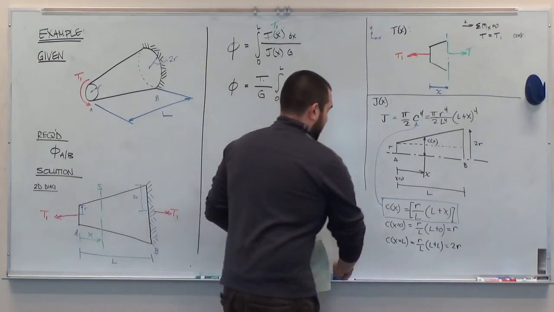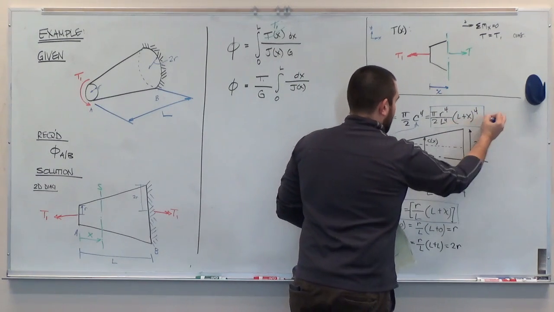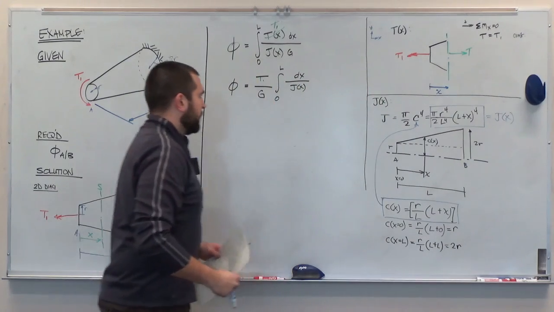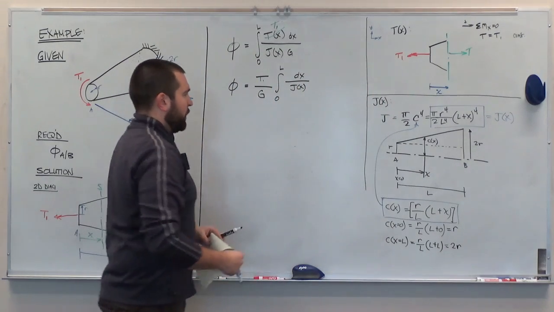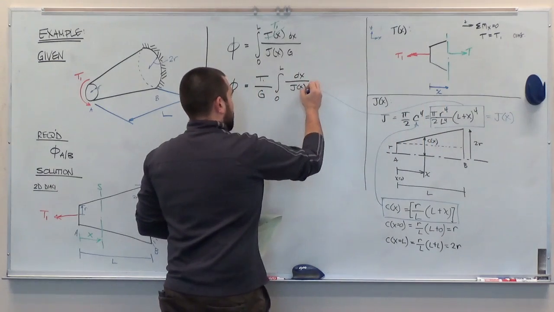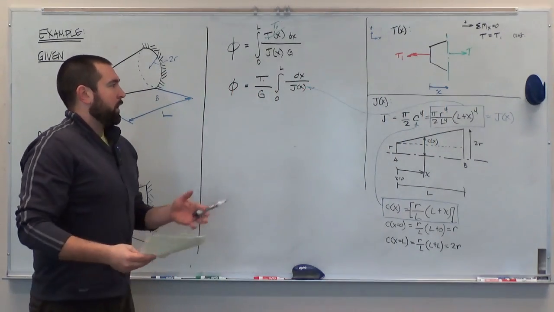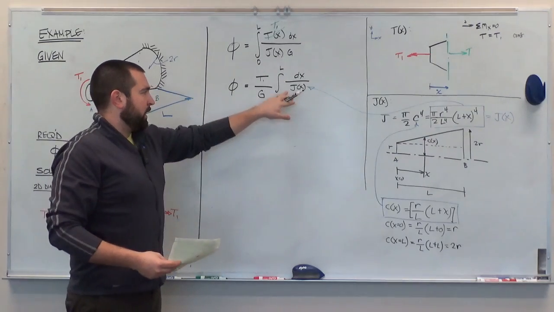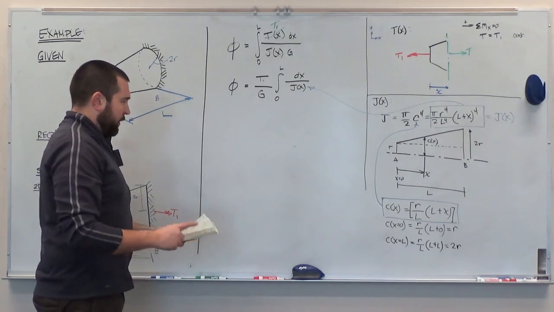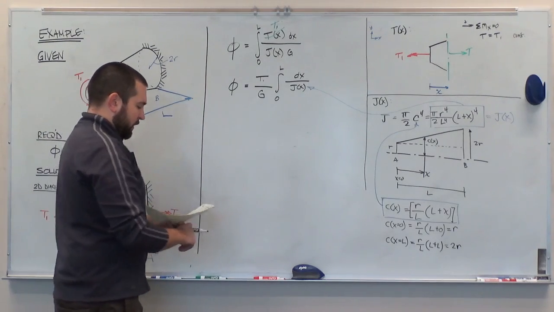This right here is equal to the polar moment of inertia as a function of x. That's this denominator right here, so we're going to plug it in right there. If it's a constant inside of your integral, you can take it outside of the integral itself, which is exactly what we do here.